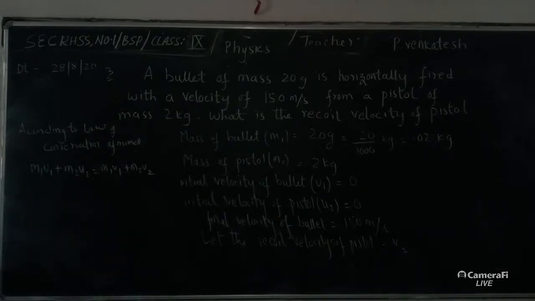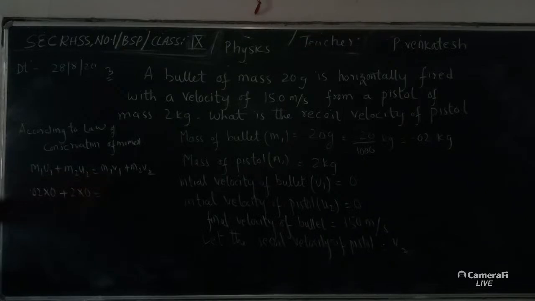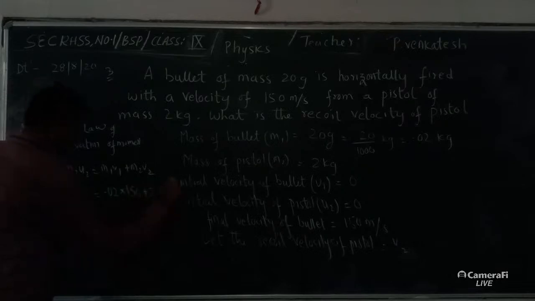Mass M1 of the bullet is 0.02 into 0, plus the mass of the pistol, 2 kg, into 0, equals 0.02 into 150 plus 2 into V2.